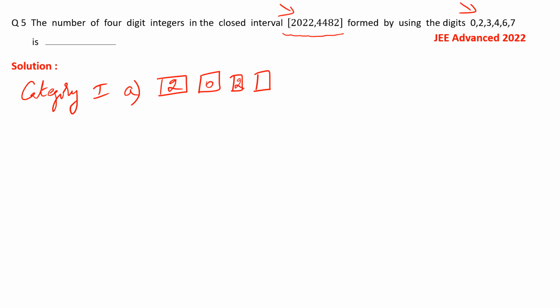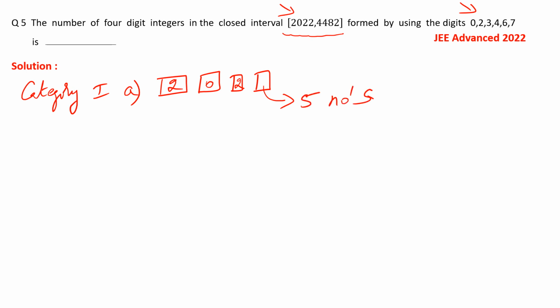Now it's very much obvious that this last fourth digit can be filled by either 2, 3, 4, 6 or 7. I cannot put 0 over here because if I put 0 over here, it will become 2020 and 2020 does not fall in the given interval. Fine. So that means we have 5 such numbers.